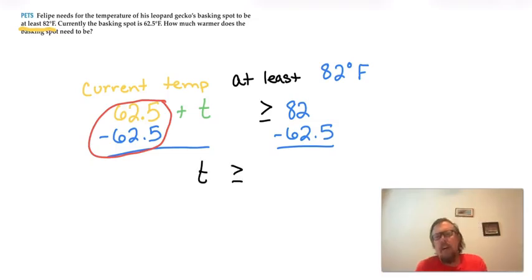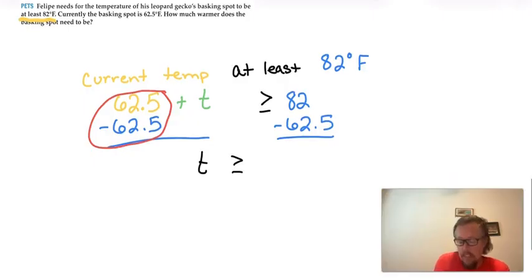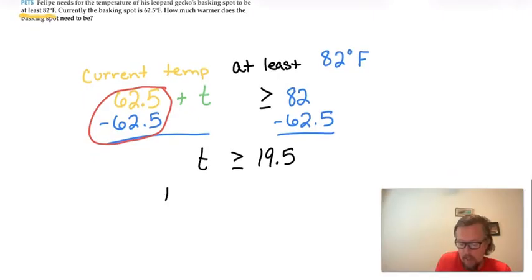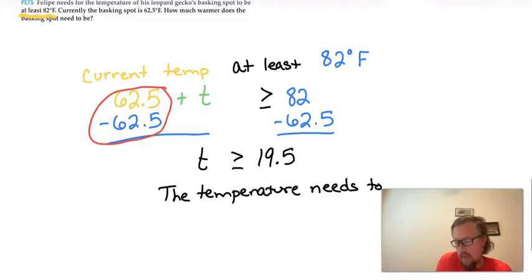And 82.5 minus 62.5 is 19.5. So there's our answer. The temperature needs to be 19.5 degrees Fahrenheit or more warmer.